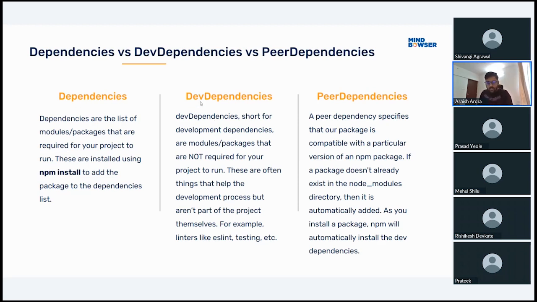Dev dependencies are used for development dependencies. We write packages which will only be used on our local server while we are doing development, and which will not be used after we deploy it on our production server or inside our npm repo.